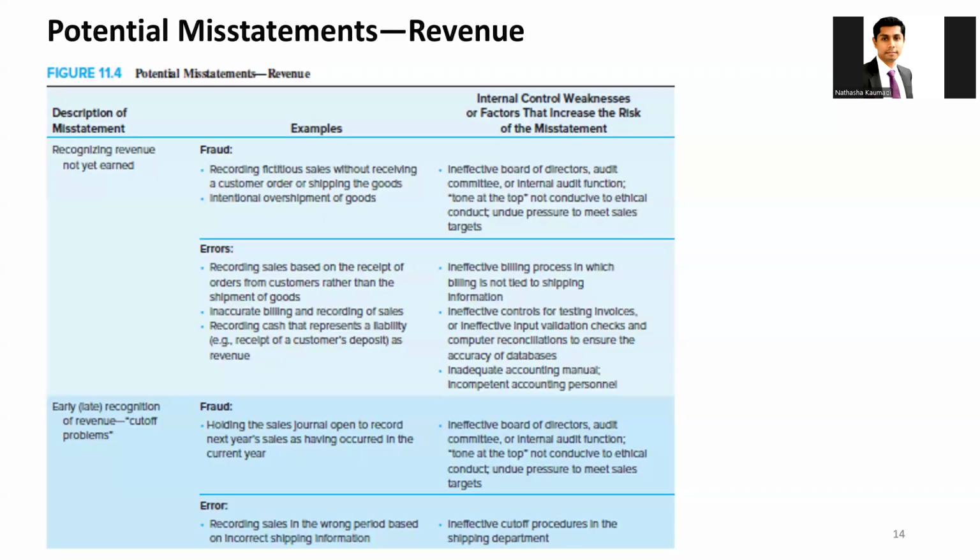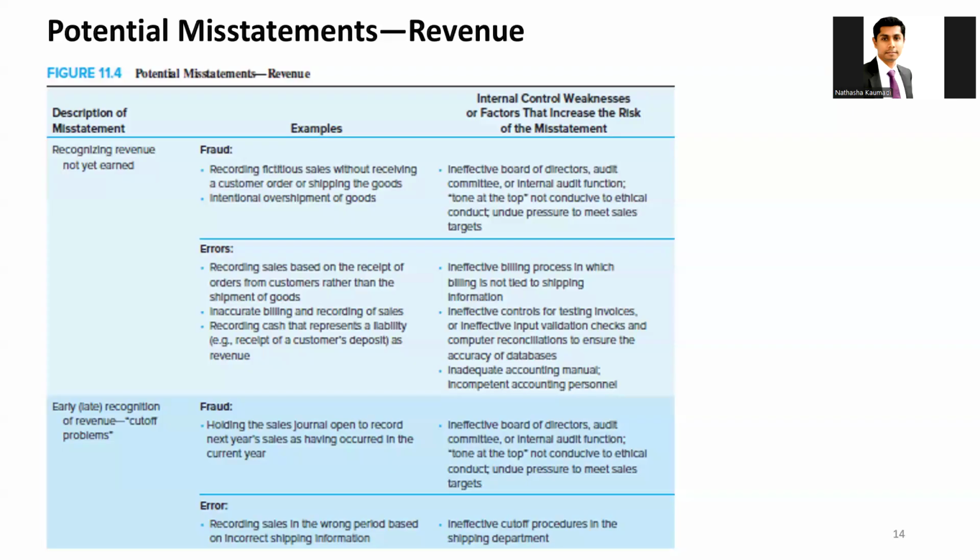When you receive an advance, the double entry should be cash debit, advance credit. Advance is a liability because you are liable to pay that. But mistakenly, you credit that not to the advance received account but to revenue. If it is unintentional, that's an error again.